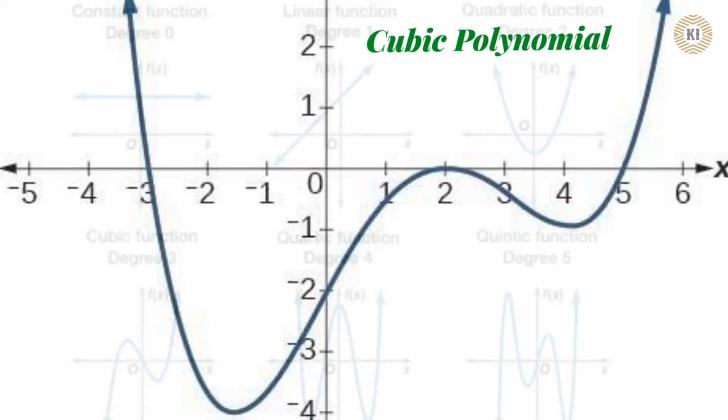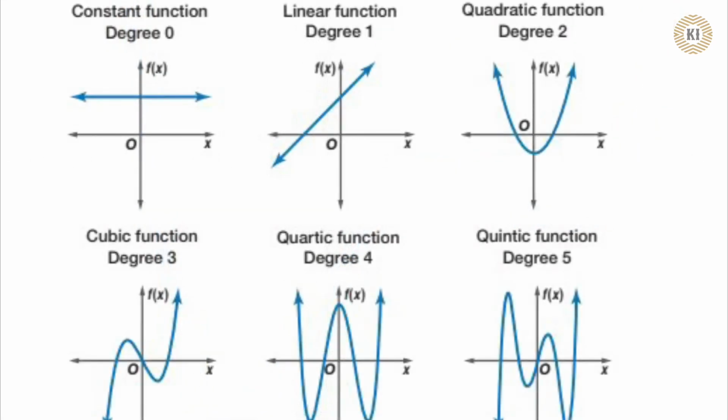Next, I have compiled all types of degrees and equations and functions, and you can see the representation. First one is a constant term, meaning it is not having any degree, or degree is 0, so it is not touching the x-axis. Second one is a linear function or linear polynomial. Degree is 1, so it is cutting the x-axis at 1 point. Third one, degree is 2, so it is cutting the x-axis at 2 points.